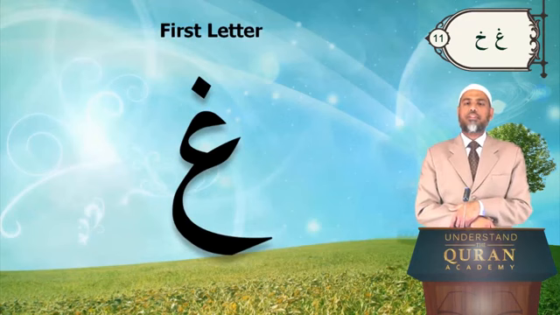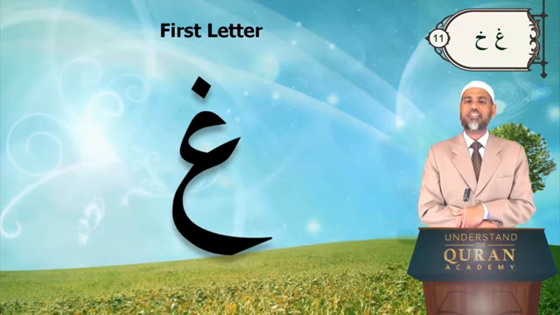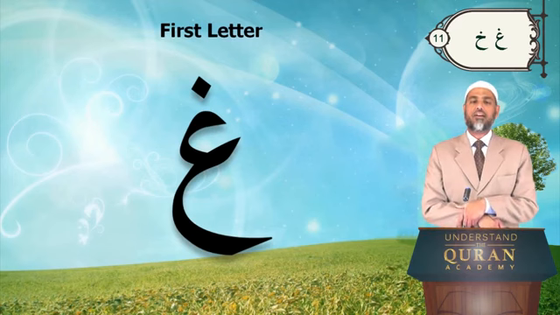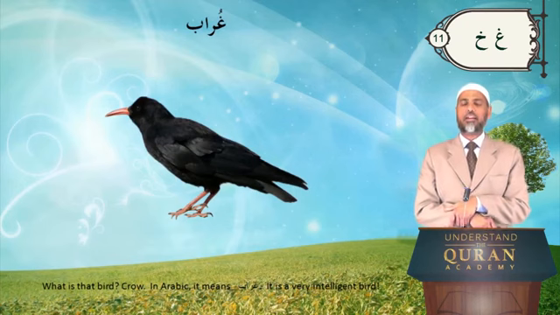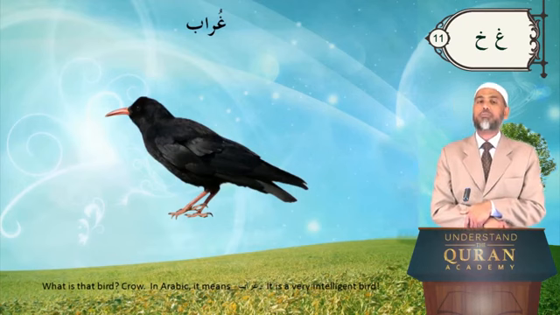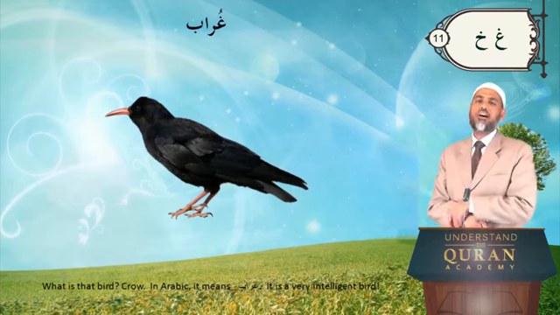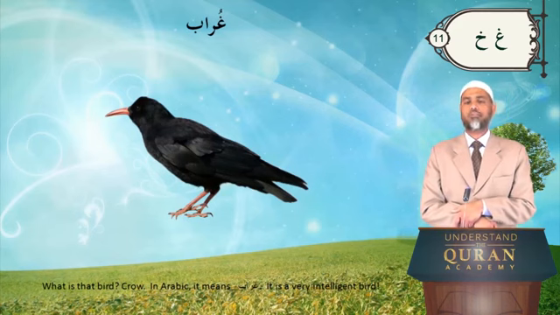So let's take the first letter of today, which is Ghain. Because there's no sound like that in Arabic, I have to take another Arabic object, which is Ghurab. Ghurab is the word for crow in Arabic.